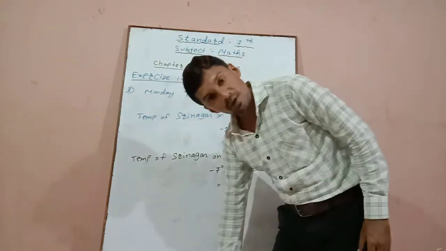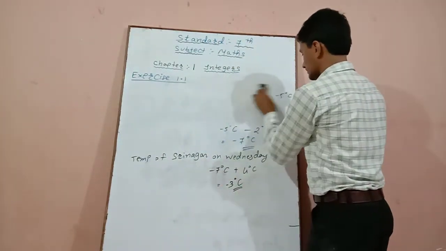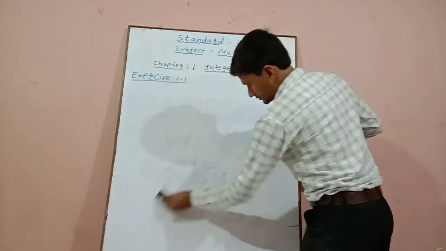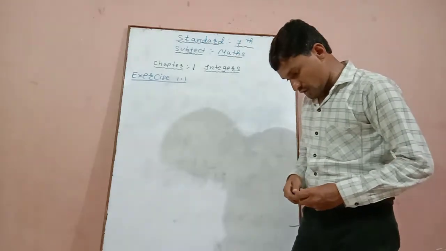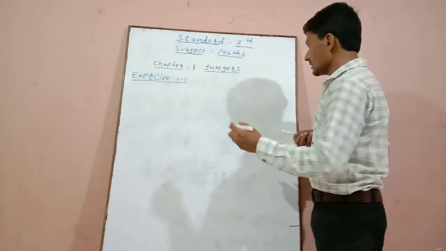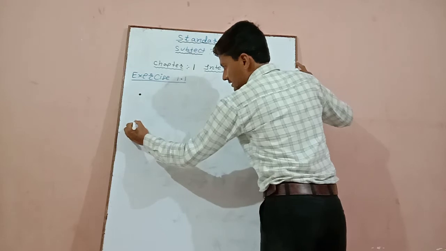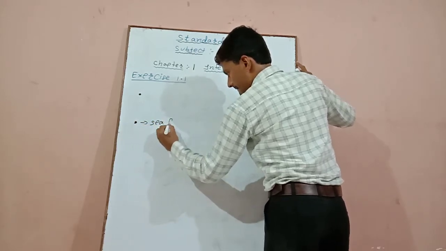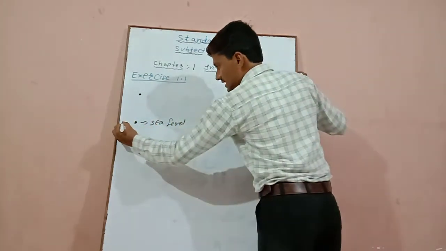Now question number 4. Question number 4 is, a plane is flying at a height of 5,000 above the sea level. We will note here that it is a height, it is a sea level. This is the sea level.